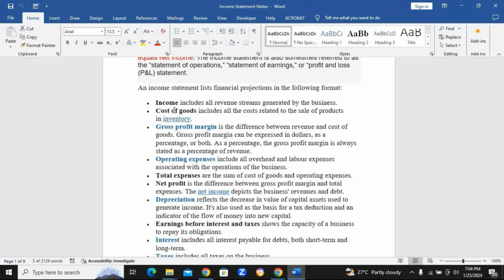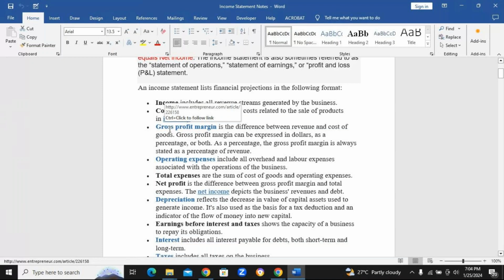Then cost of goods, which means the cost directly related to the revenue of one particular item, whatever cost I incurred to buy that item before I make the sales. That is called COGS, cost of goods. Income minus COGS is my gross profit.